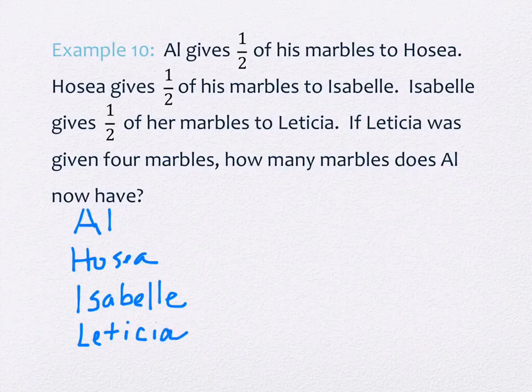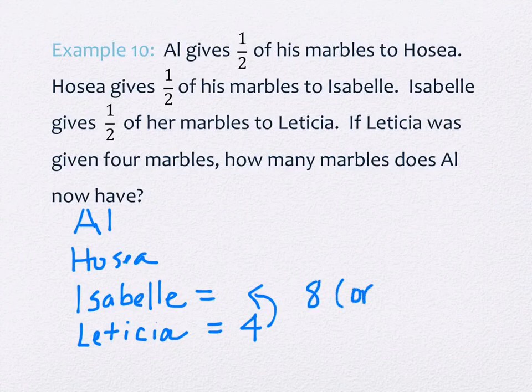All right, so we do know something about Letitia, specific, concrete, hardcore. What do we know? She's got 4 marbles. And she was given them all from Isabel, right? She got all those 4 from Isabel, which means that Isabel had 8. So she had 8 originally, correct?